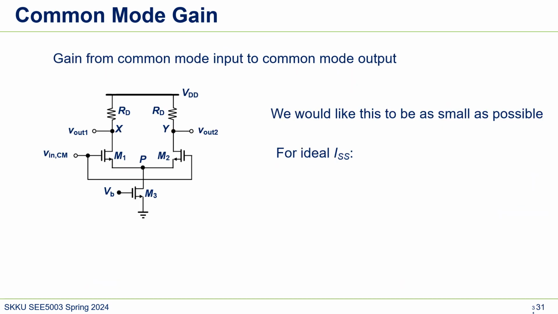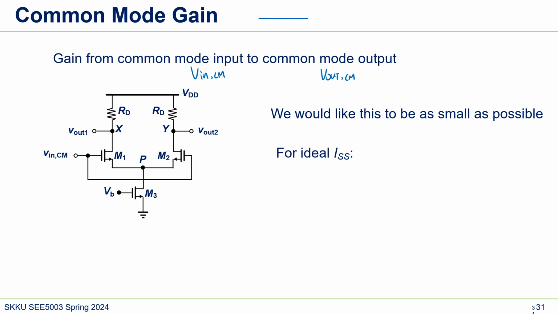Next is common mode gain. The definition of common mode gain is here: gain from common mode input to common mode output. So it means common mode input is V in CM, and common mode output would be V out CM.